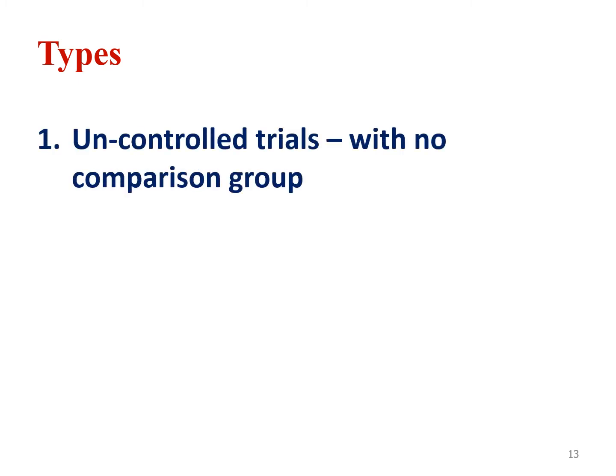There are three subtypes of non-randomized trials. Number one is uncontrolled trials with no comparison group. This type of trial is conducted without any comparison group. Second is natural experiments. There are some circumstances when experimental study is not possible on human population due to ethical consideration and logistics.